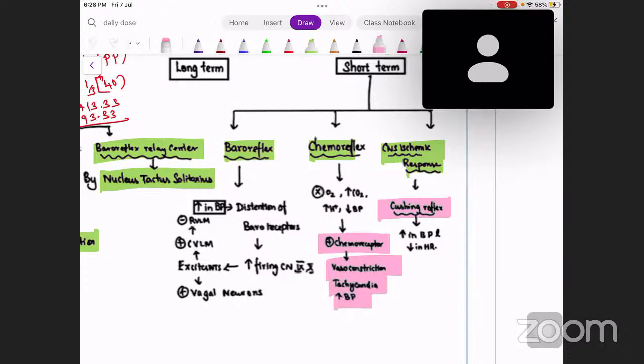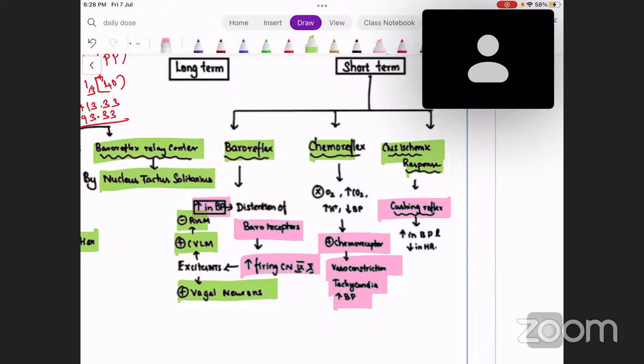With the baroreceptor, when BP increases, there is distension of the baroreceptors and an increase in the firing rate of cranial nerves 9 and 10. This in turn stimulates the vagus nerve and the caudal ventrolateral medulla, and the stimulated caudal ventrolateral medulla suppresses the rostral ventrolateral medulla, so that you see a decrease in the BP.